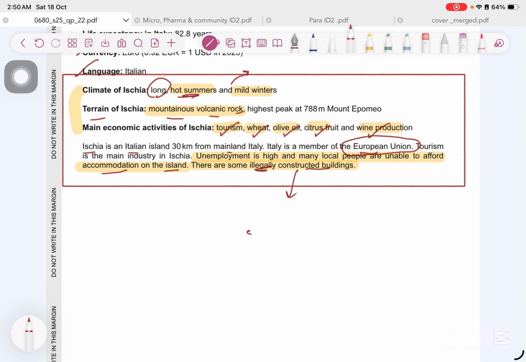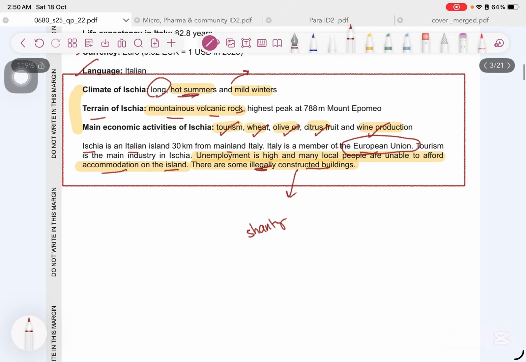So a word to describe this is called shanty building. Shanty building is when they use wood or very simple construction materials, so they can just build and construct their buildings, so they can just live there occasionally at that moment. They don't really care, or they don't have the facilities to make better buildings.